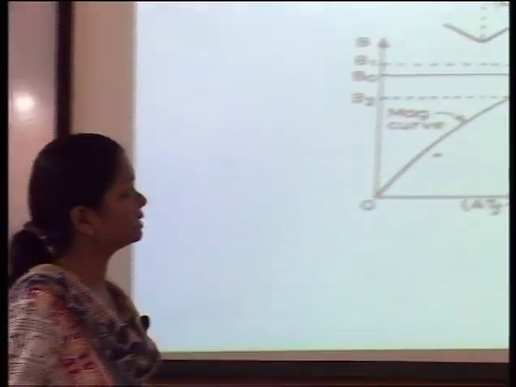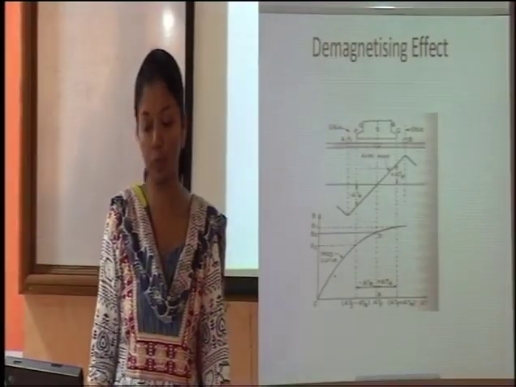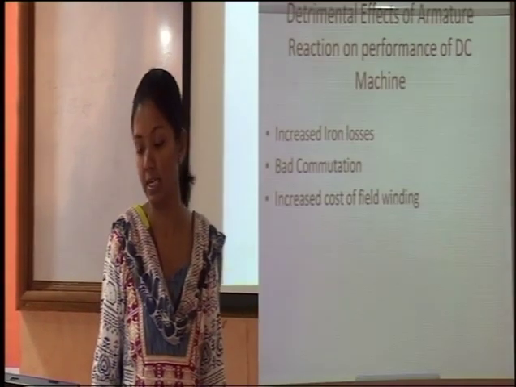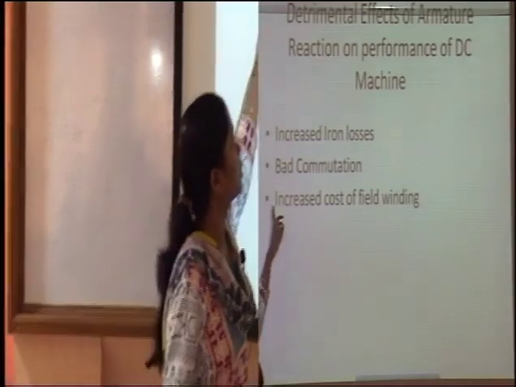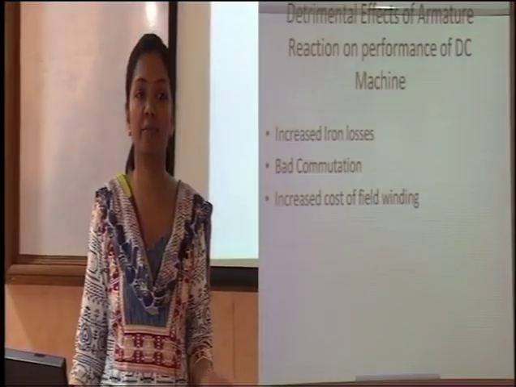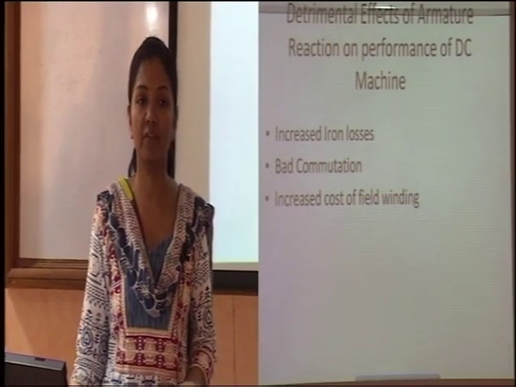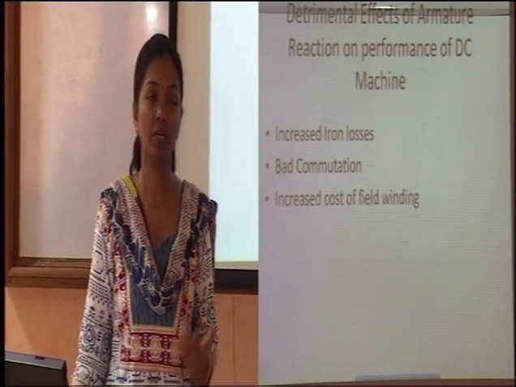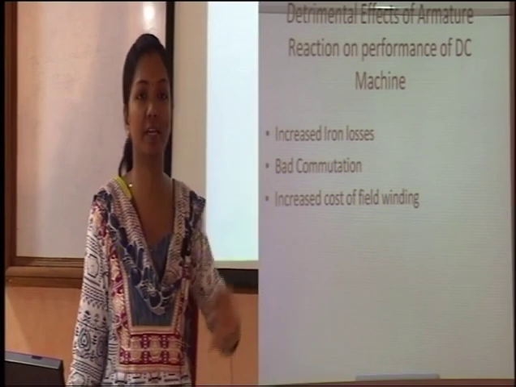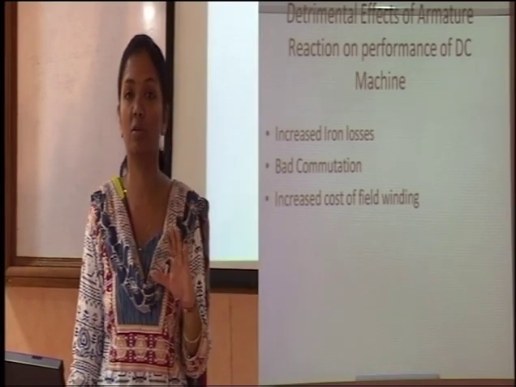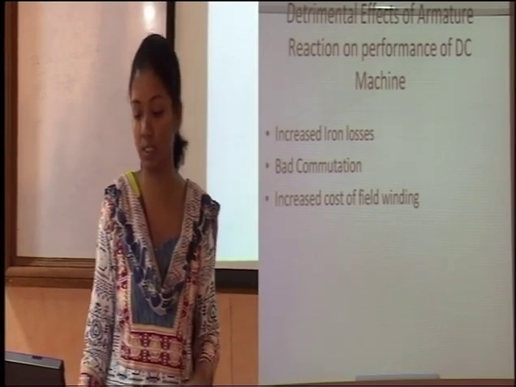So, the maximum flux density in the machine has been increased due to the armature reaction. Corresponding to this maximum flux density, the iron losses will also be increased in the machine. This is the first effect. When losses have been increased, definitely they will affect the efficiency of the machine. So, increased iron loss will decrease the efficiency of the machine under loaded situations.